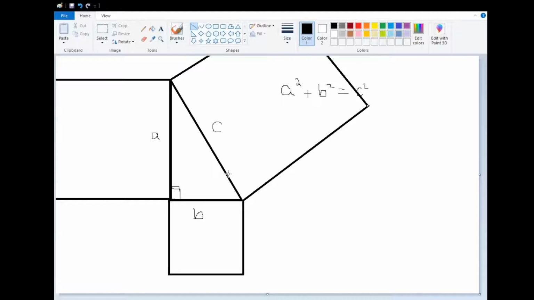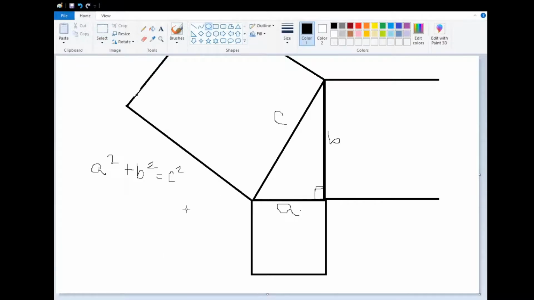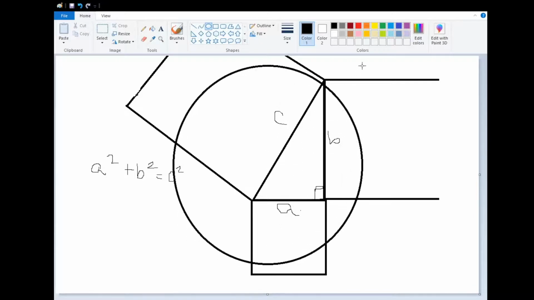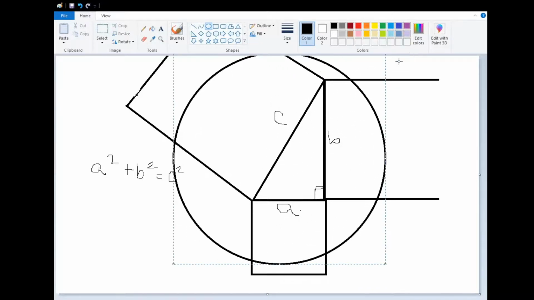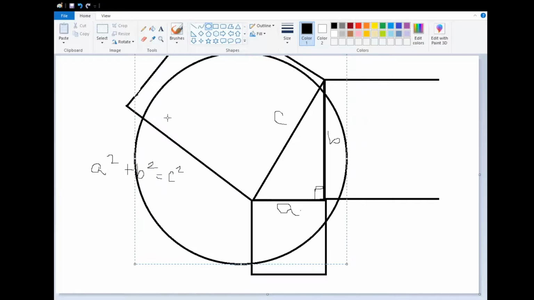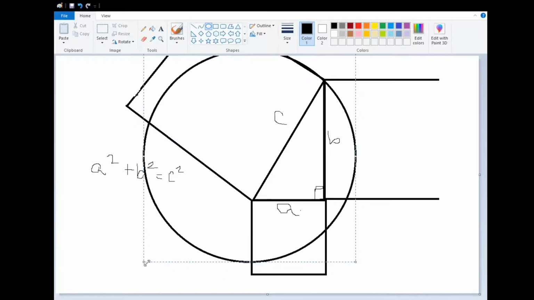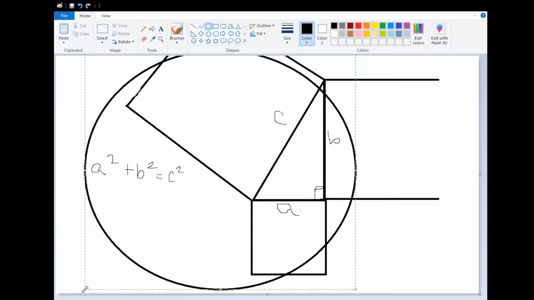Now, on a unit circle, we can actually state some other things about this. So let me get right back to you on that. Okay, so on a unit circle, something like this, right? So the unit circle has its center.